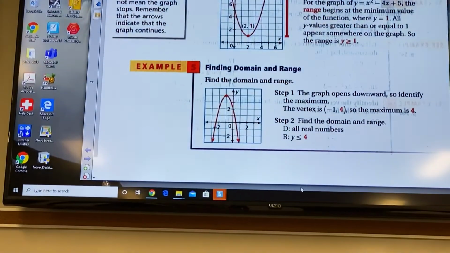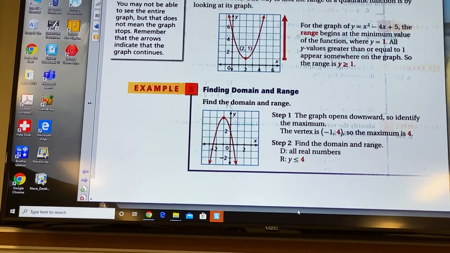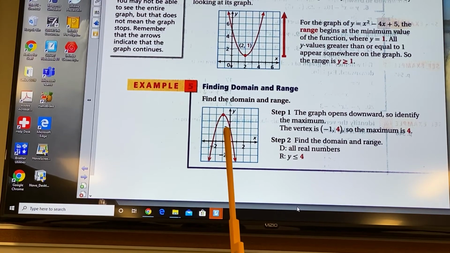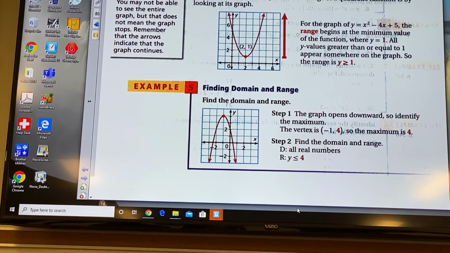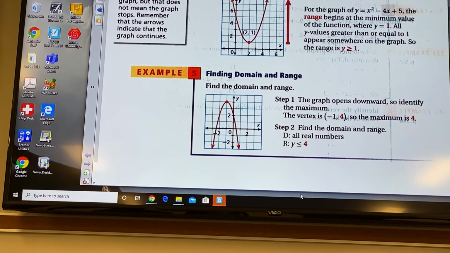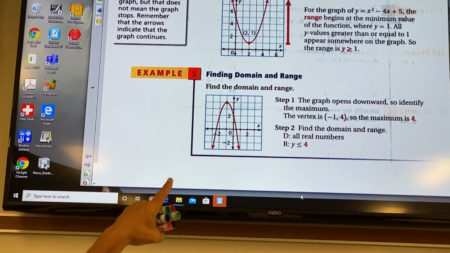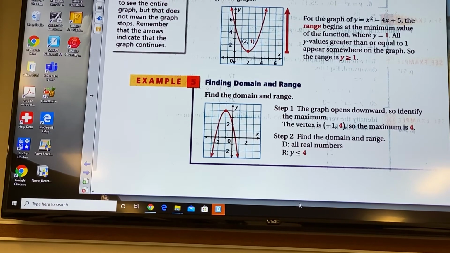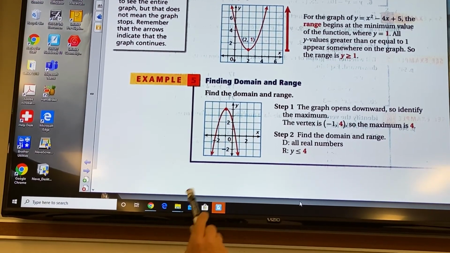Well, its vertex is -1, 4. So notice 4 is the highest y value that is on that graph, right?